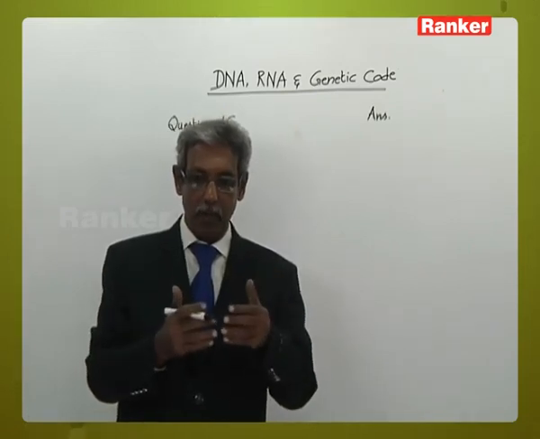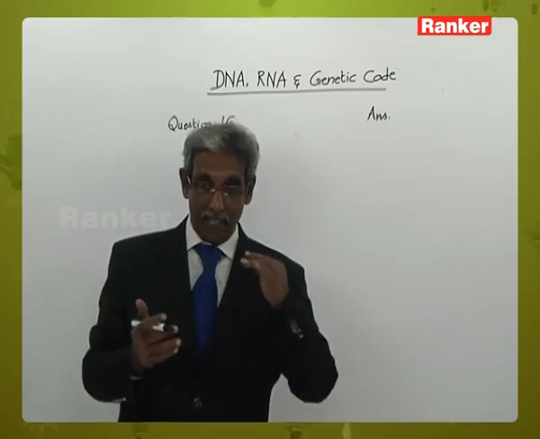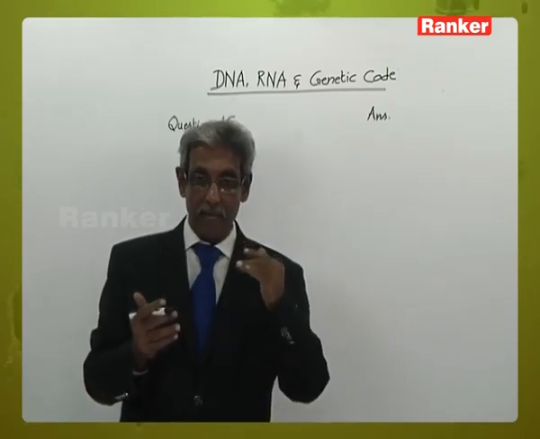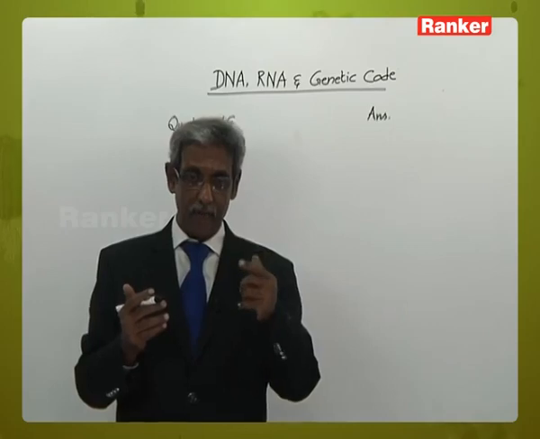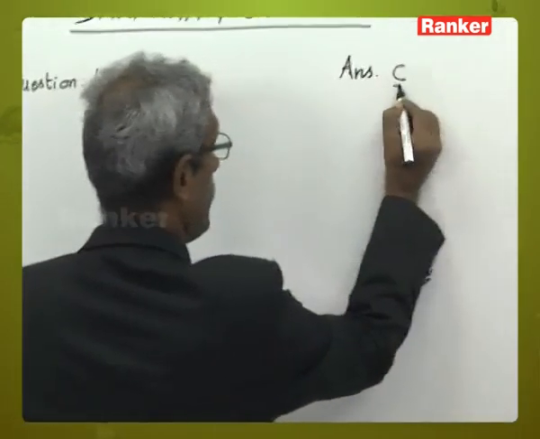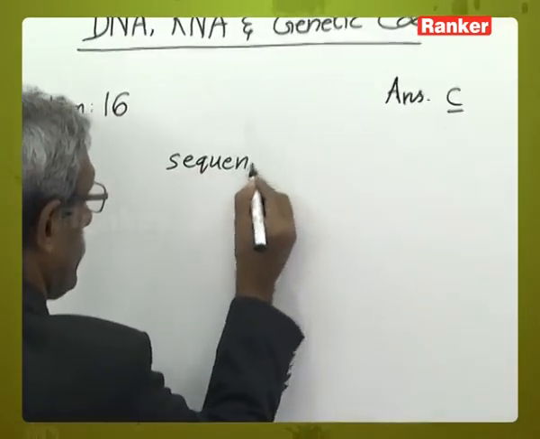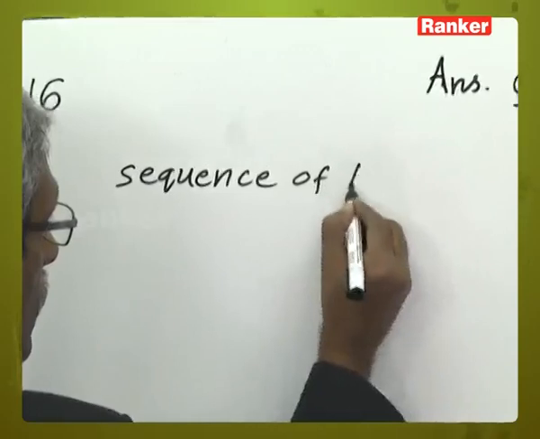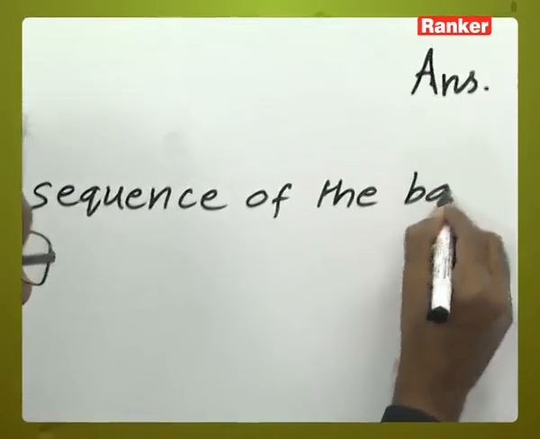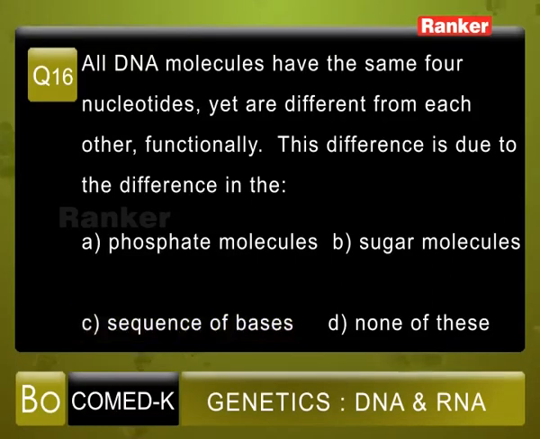Though the bonding is similar, the sequences of the bases are very much varied. Hence, the answer for question number 16 is C, the sequence of the nitrogen bases.